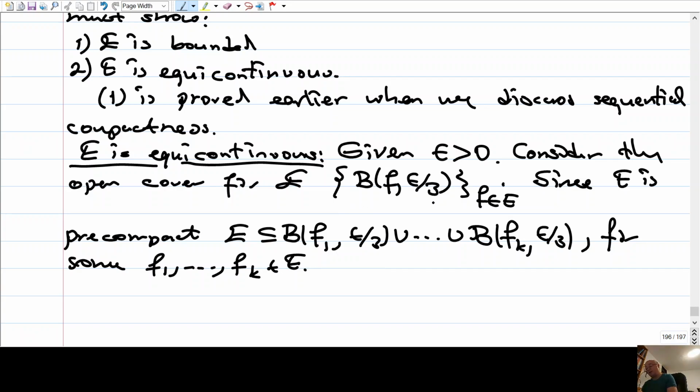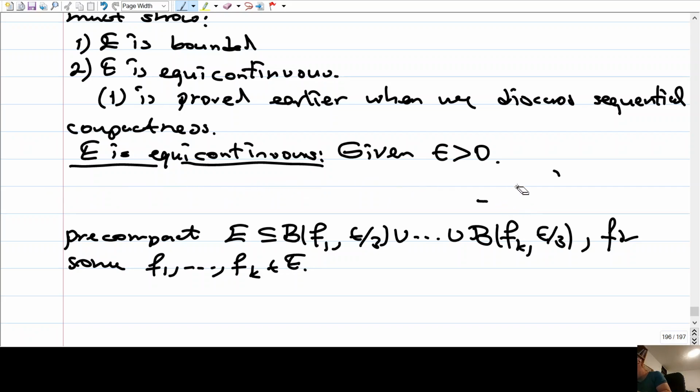Actually, I shouldn't start like this, right? Whenever epsilon is given, there are finitely many. I shouldn't write like this. I should be careful.